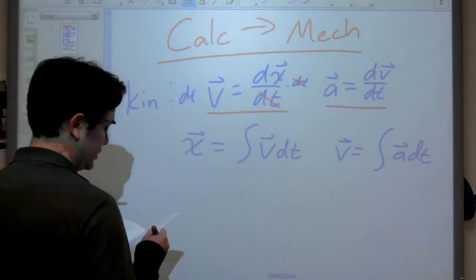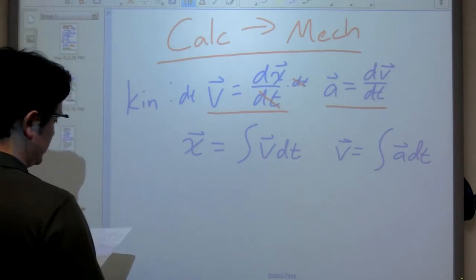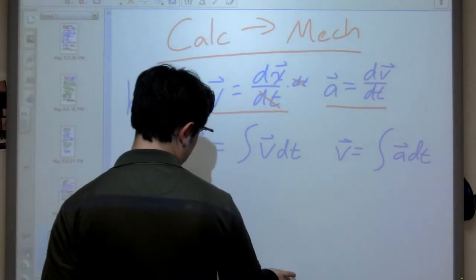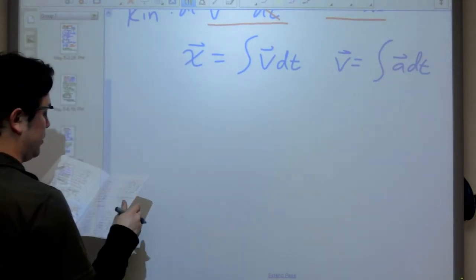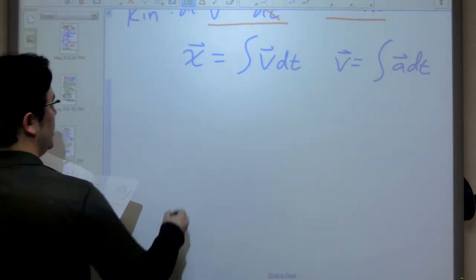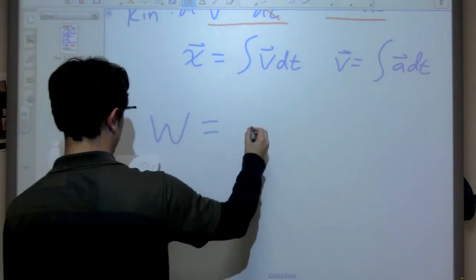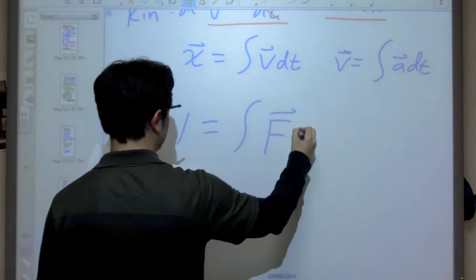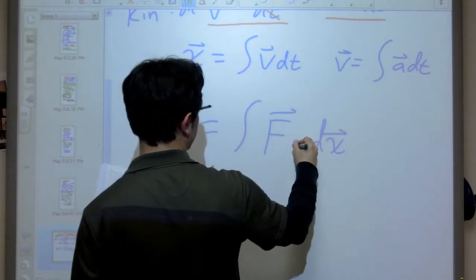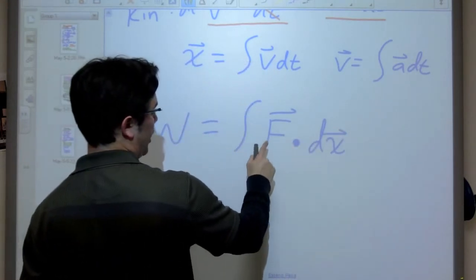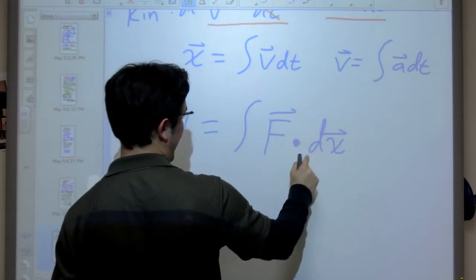Okay, so that's kinematics. Those are key. Learn those. The other one that I feel is just too profoundly important to take any physics calc based class at all without knowing is this one, the work equation. Now remember that this is work equals the integral of F dot dx.